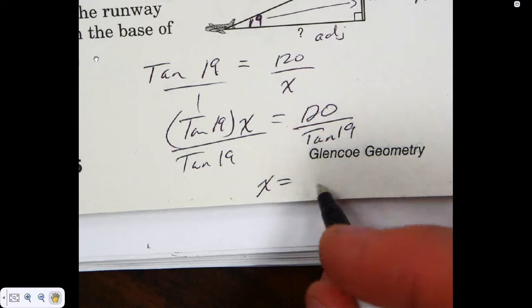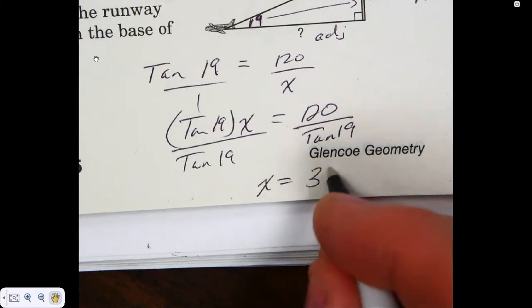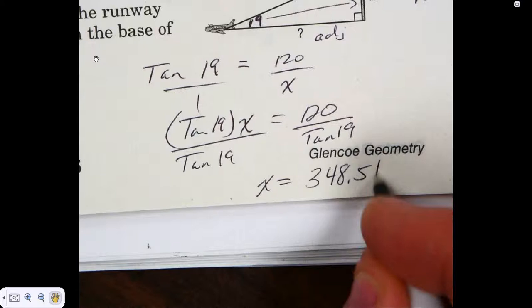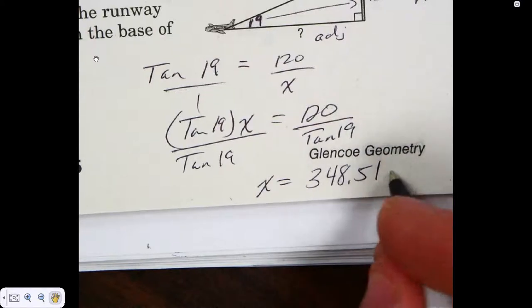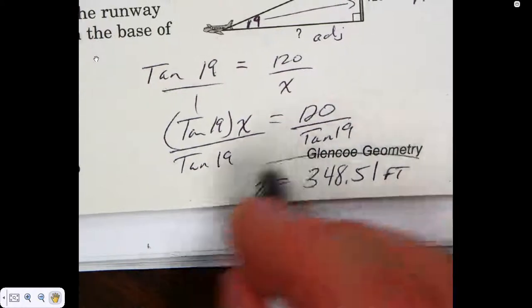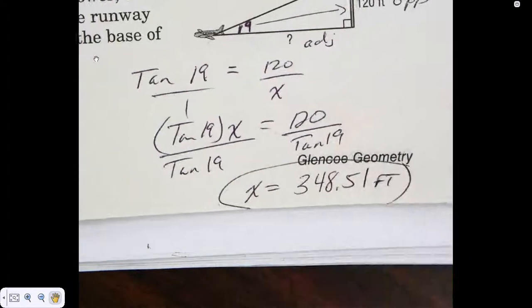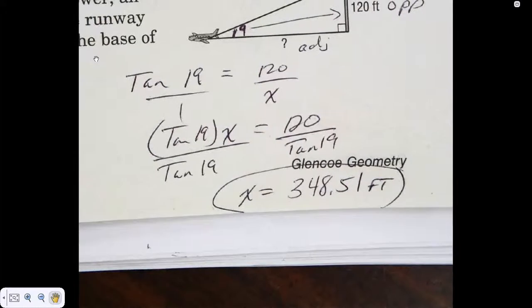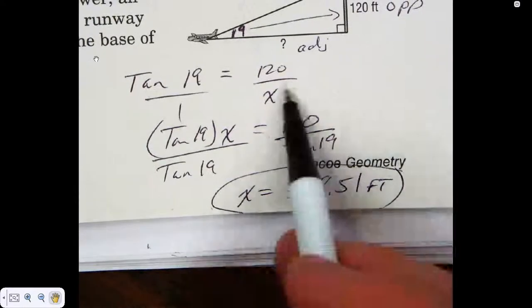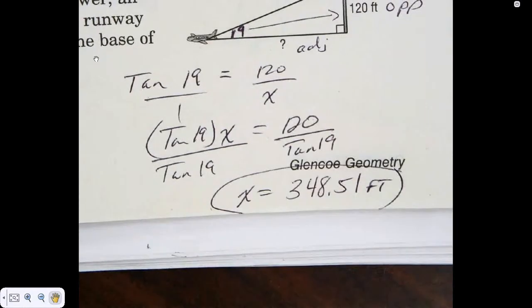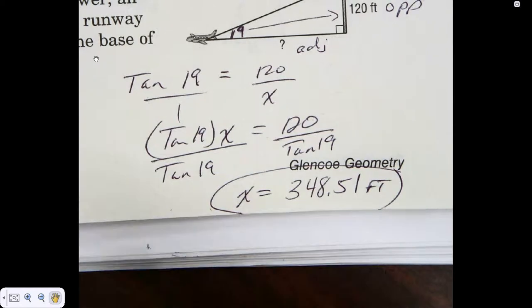What'd you guys get as an answer? I got 348.51. You're going to get a big number because tangent of 19 is going to be less than 1, isn't it? So it's going to make that number bigger, isn't it? How come you're dividing? I thought it was multiplying after you cross multiply.